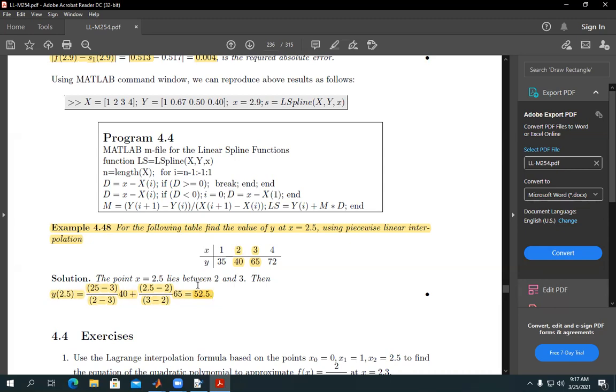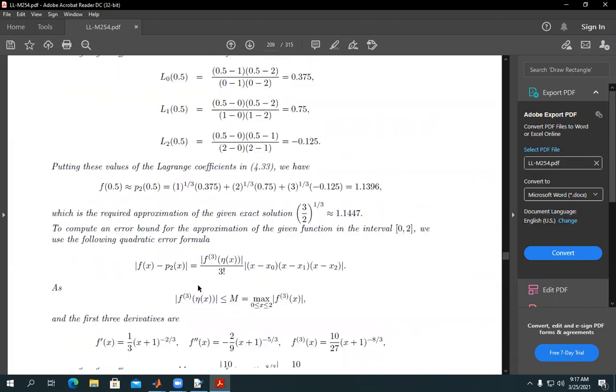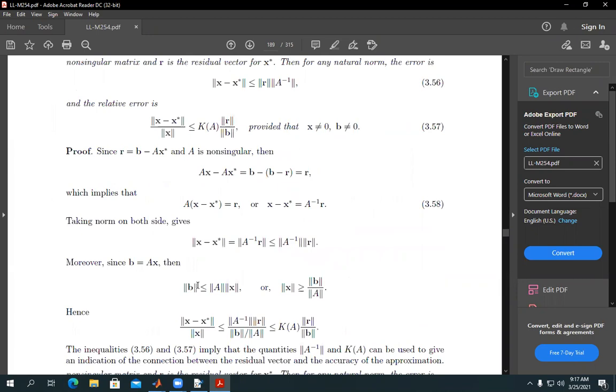And we finished chapter number 4, and chapter number 4 means we finish the material for the second quiz. Your second quiz will be, inshallah, chapter 4 complete, and chapter number 3.